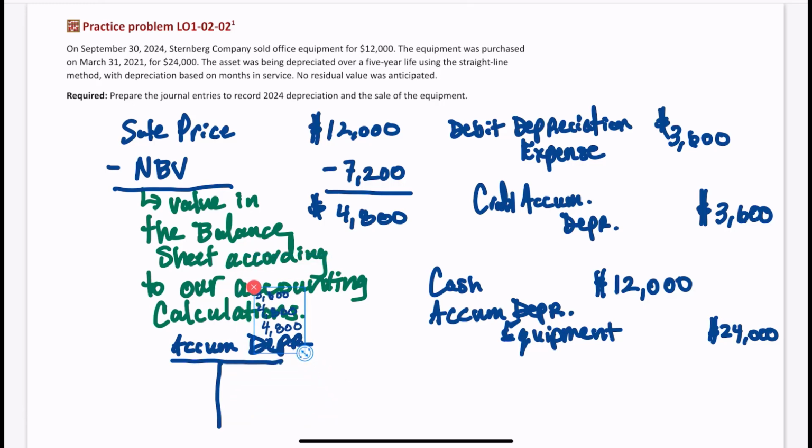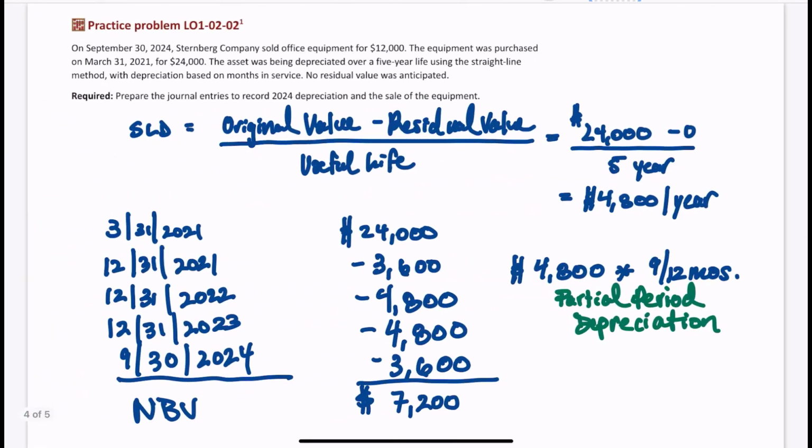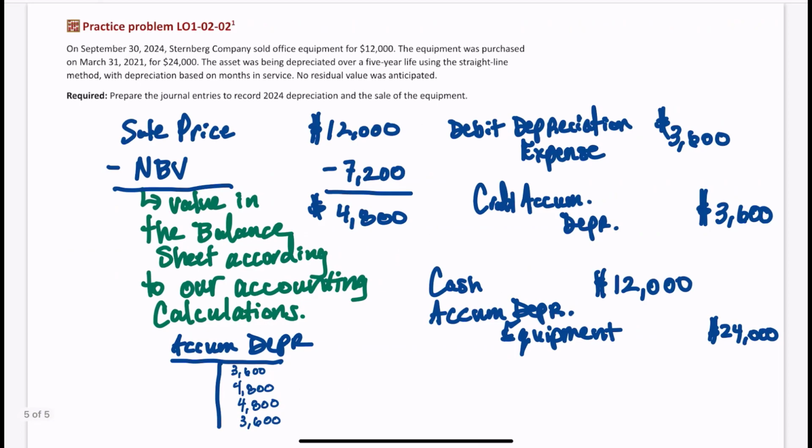Right, so I'm just gonna illustrate this. So this is what we did. Each year, when we recorded these amounts, we were putting them into this T account. And what is the balance of this T account? If we do 3,600 plus 4,800 plus 4,800 plus 3,600, 25,000, no, what, that doesn't make sense.